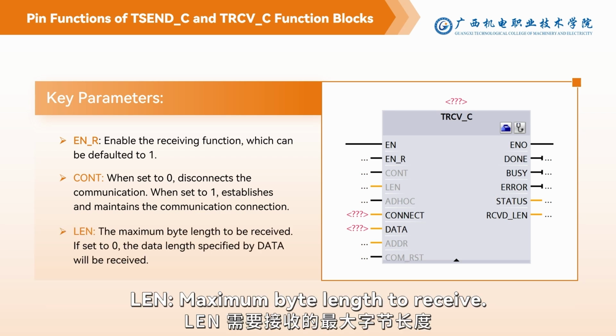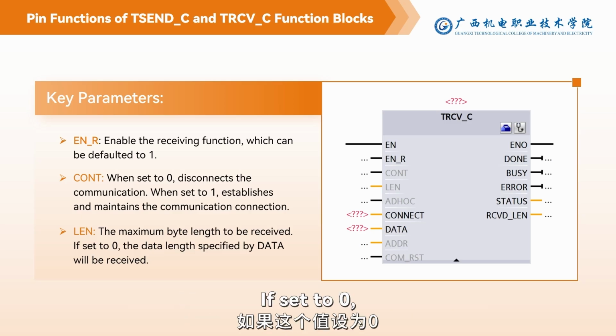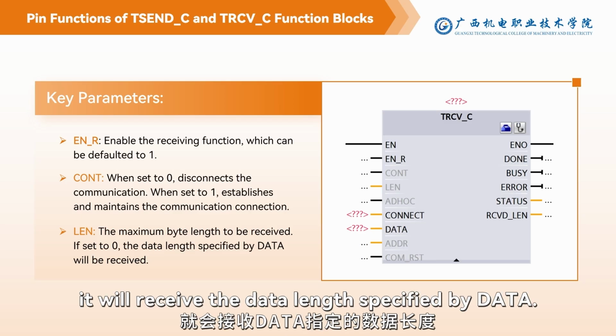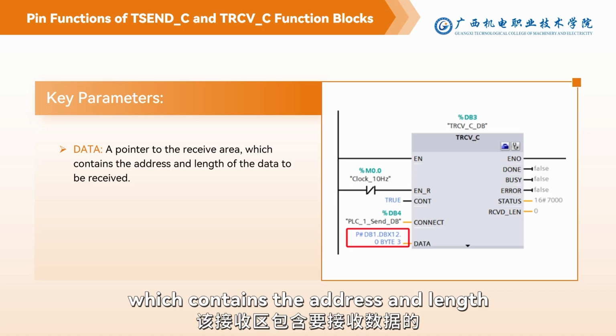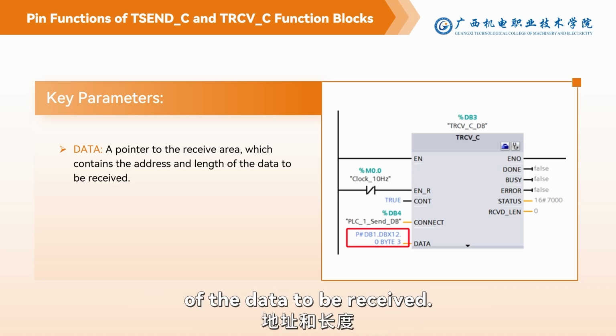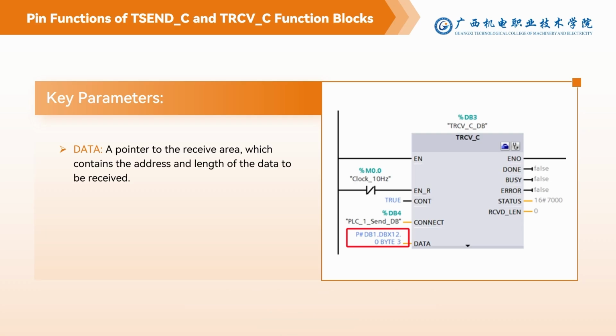LEN, maximum byte length to receive. If set to 0, it will receive the data length specified by Data. Data, a pointer to the receive area, which contains the address and the length of the data to be received.